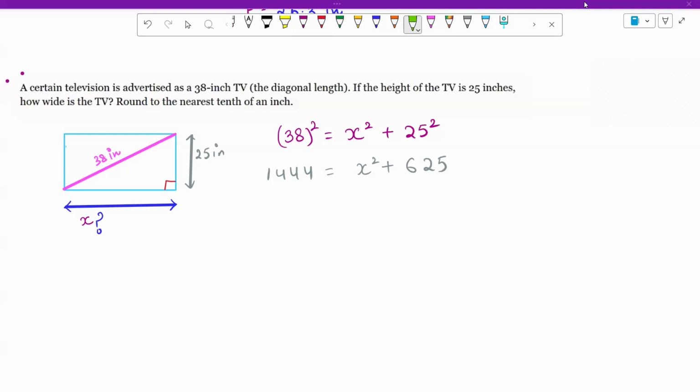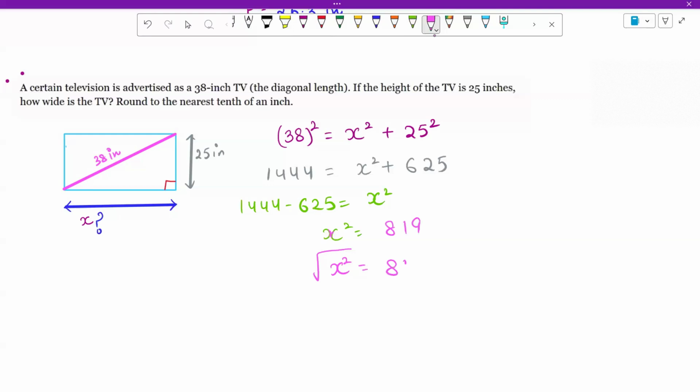Very good. So x squared is equivalent to 1444 minus 625. How much will that be? 819. And we want to find out the square root.